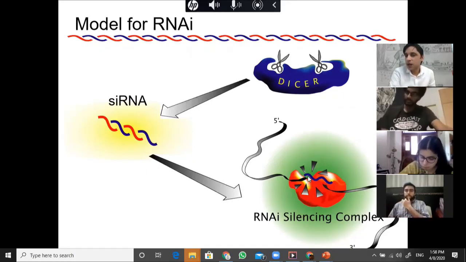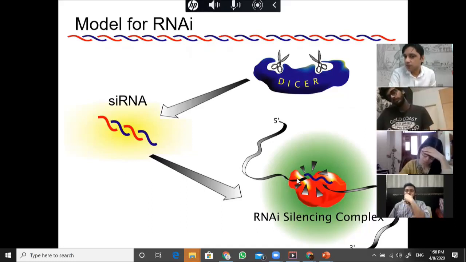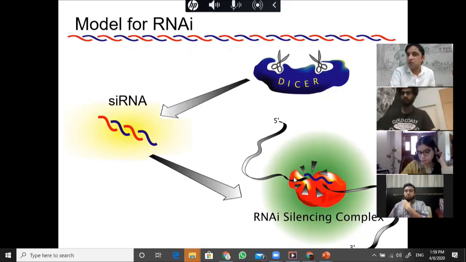Now if that blue part of the nucleic acid has a complementarity with any messenger RNA, if the messenger RNA finds its complementarity with the blue sequence, the translation of the messenger RNA will be halted or the messenger RNA will be destroyed.